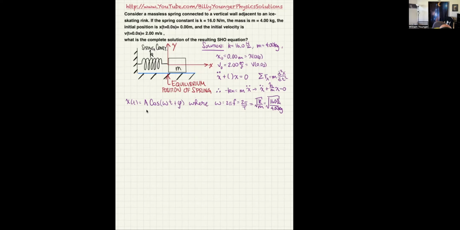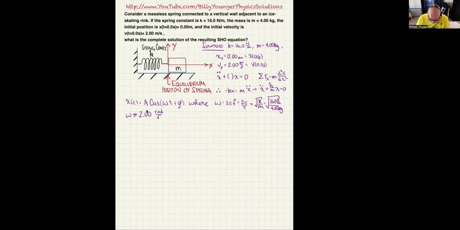That means omega is just equal to the square root of 4, which is 2.00. The units are radians per second. You might just call it reciprocal seconds or seconds to the negative 1 power. All of that is fine.